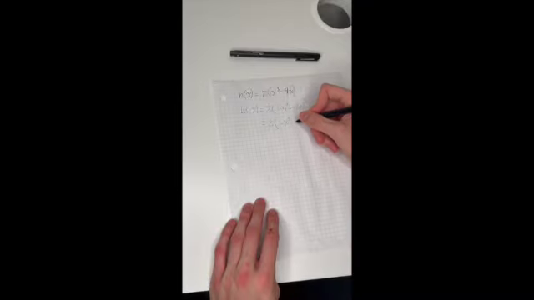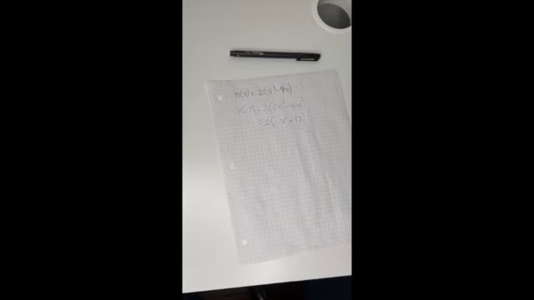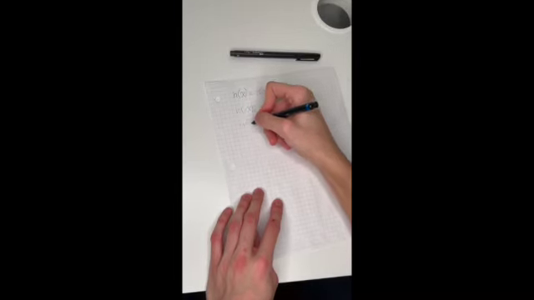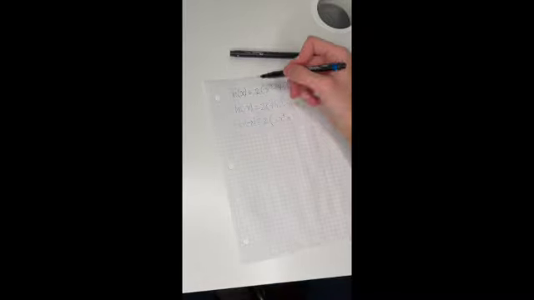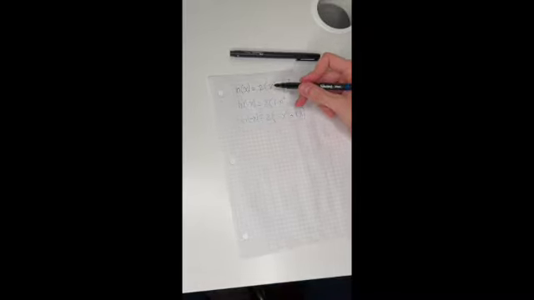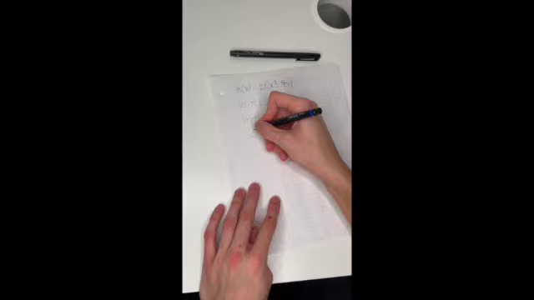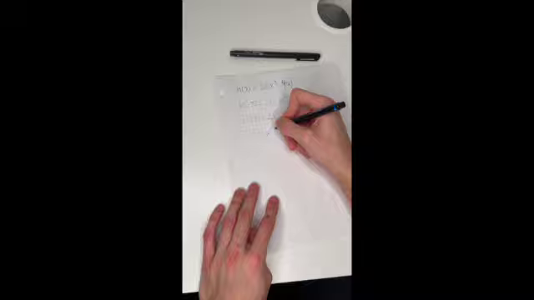Negative 4 times negative x is going to be positive 4x. This is our h at negative x, not the same as h at x. So h at negative x does not equal h at x.